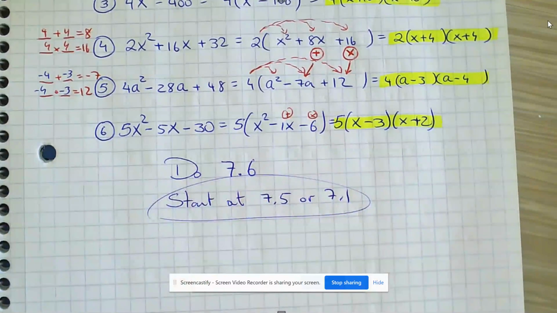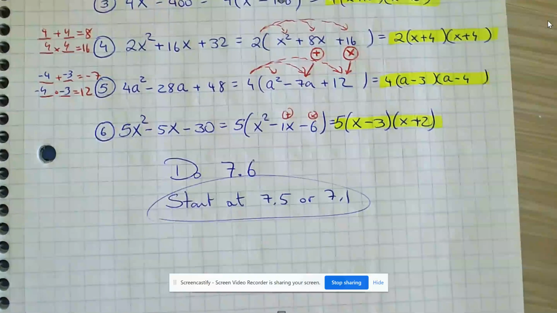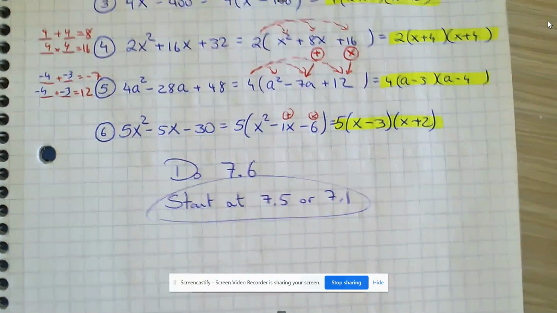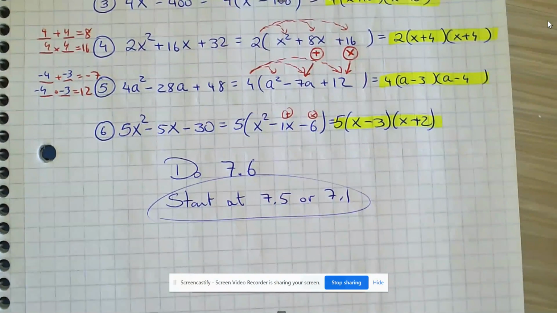So do 7.6 if you're caught up. If you're not caught up, then you need to go back to 7.1 or 7.5, because it's going to be a lot harder to do 7.6 if not. Okay? So that's where we're going to start. And if you have questions, this is where you ask. I can help you now. I'm here. You're here.